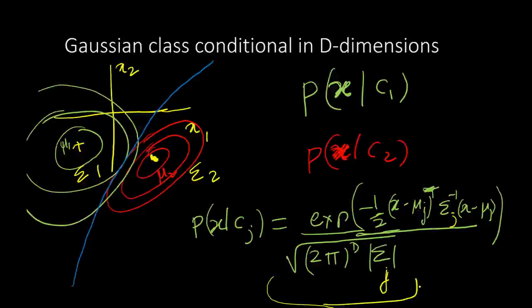It may not always be true, but if sigma 1 and sigma 2 are the same, that means the contours are shaped the same way, they are tilted the same way, and they rise the same way. Then we can not worry about this constant, because you will take the log of this constant and they will cancel out because of the negative in between.